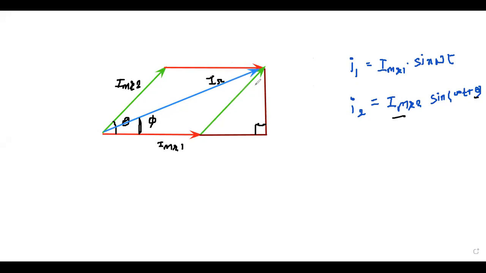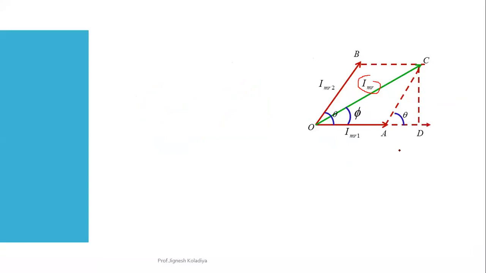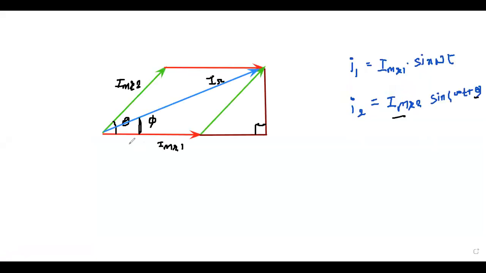First triangle, let me give the notation same as our slide so that there will be no confusion.